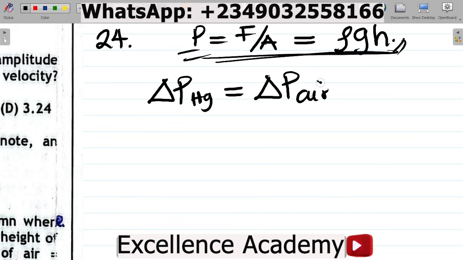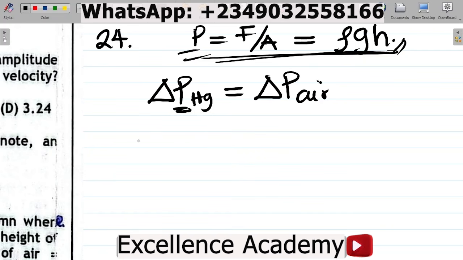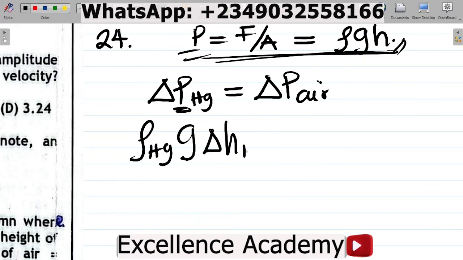Now, owing to the fact that pressure is rho g h, density is always a constant, it does not change. Gravity is also a constant, but height can change. So what we have here is the density of mercury multiplied by g gravity and then change in h of mercury.